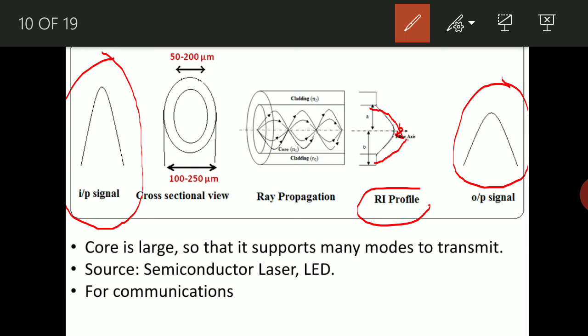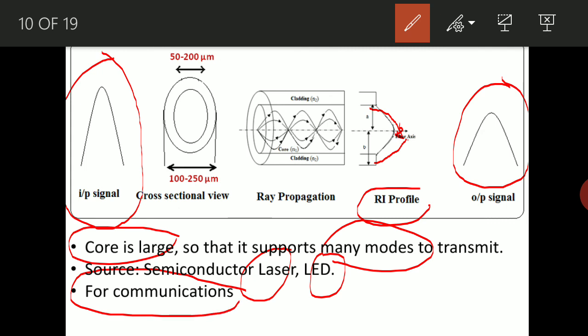Therefore even this is used for short distance communication. Now the core is once again very large here, so that it supports more number of modes. And once again the laser and the LED sources can be launched into the fiber due to its dimensions, and it is also used for communication.